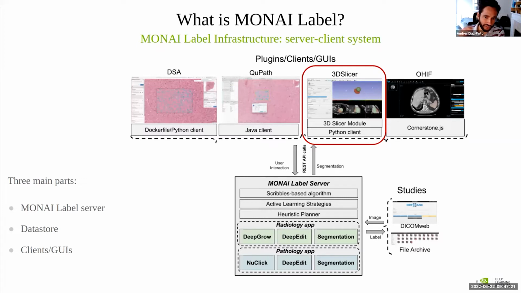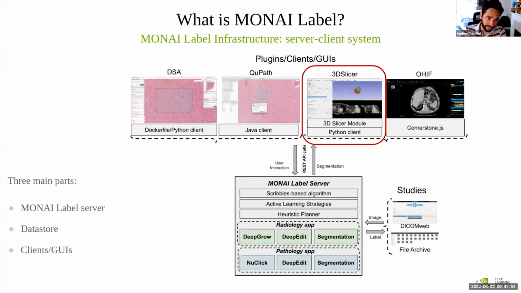The first one and the most important is the server, of course. In the server, we host the annotation apps, the radiology and the pathology app. For this workshop, we'll focus mostly on the radiology app. In the radiology app, you can see we have different models. There are 2 interactive models, which are DeepGrow and DeepEdit, and one which is non-interactive, say the vanilla model to annotate images, which we call the segmentation model.